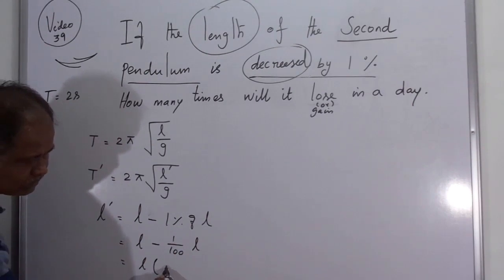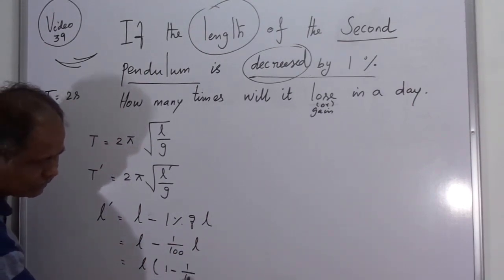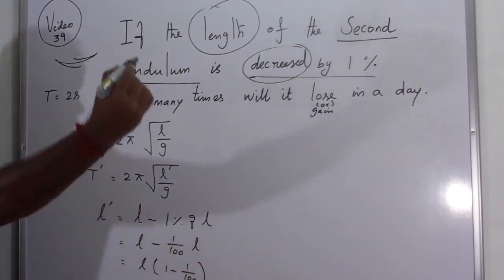That is L into 1 minus 1 by 100. Are you able to understand?